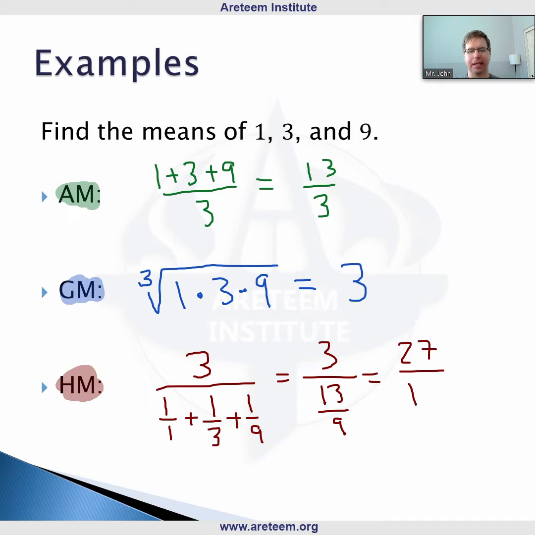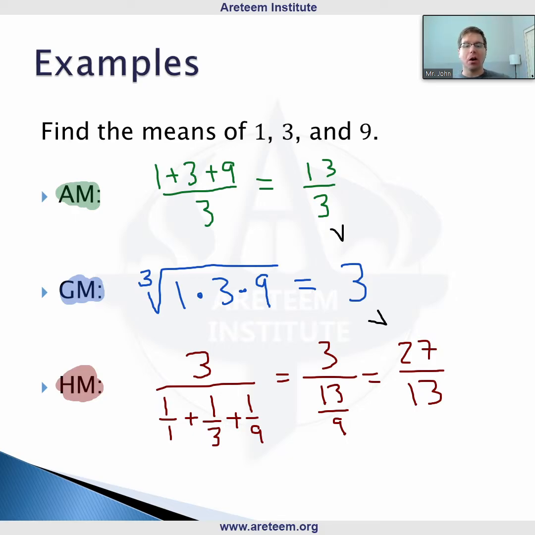So it's not too hard to see, at least in this example, that the arithmetic mean, 4.3 repeating, is bigger than the geometric mean, which is bigger than the harmonic mean, about 2 1/13. So we have a preview of the different values.